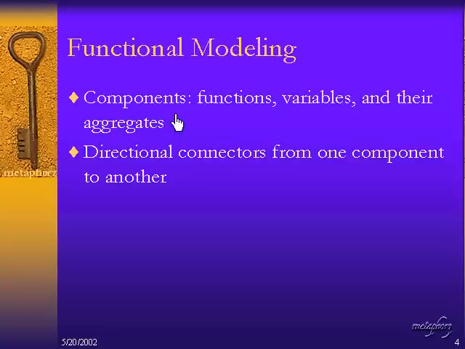With functional modeling, the components of a functional model include functions and variables. As in the declarative case, we can cluster functions and variables together to create more abstract and complex models.